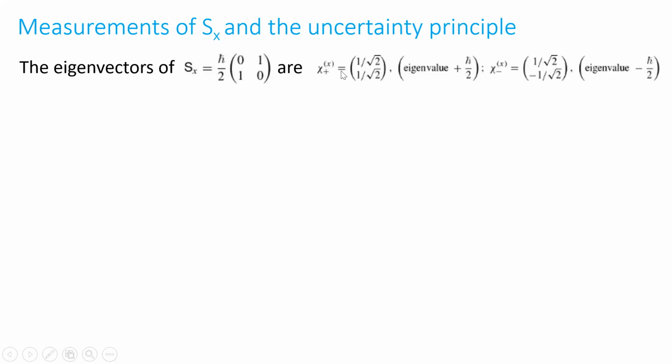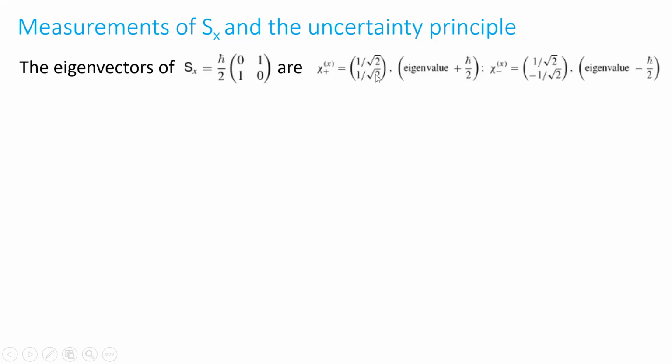But the eigenstates are no longer (1, 0) and (0, 1), as they would be for Sz. They're 1 over the square root of 2, 1 over the square root of 2 for the plus state, Sx plus, and then 1 over the square root of 2 and minus 1 over the square root of 2 for the Sx minus state. So we have the same two eigenvalues, but different eigenvectors.